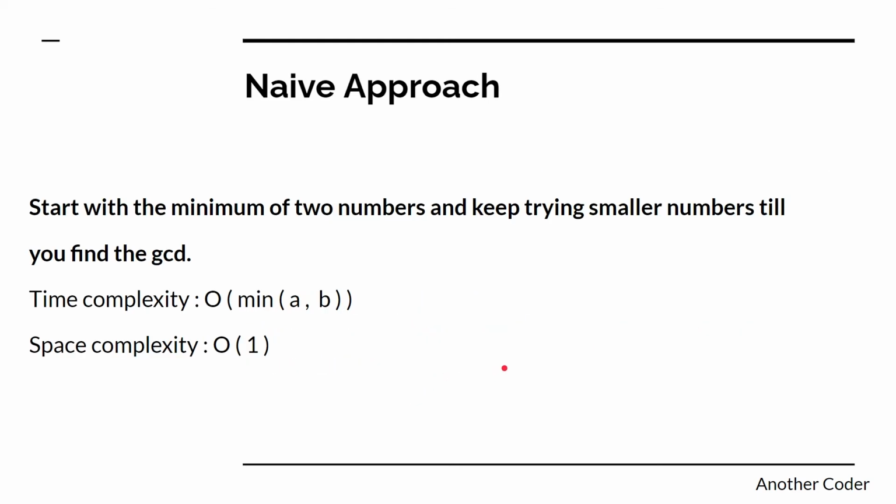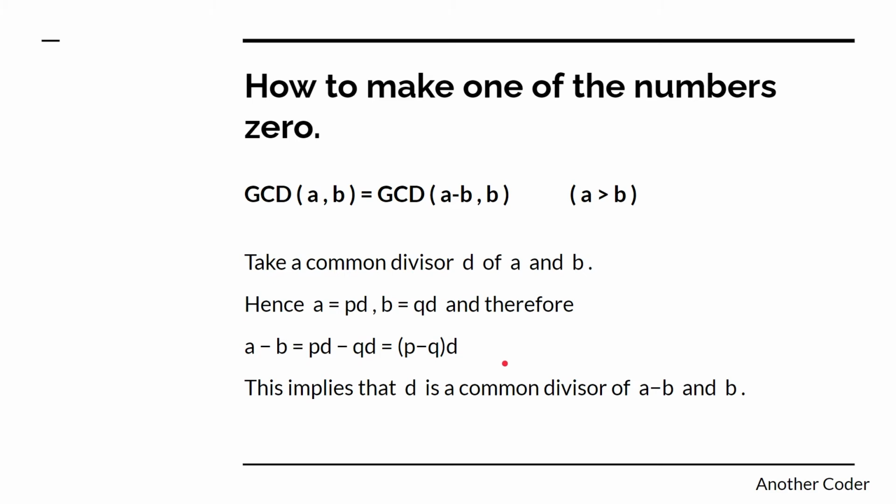So the idea is pretty simple, but the question is, how can we make one of those two numbers 0? To make one of those numbers 0, we need to understand one more property, that is GCD of a and b is equal to GCD of a minus b and b, provided that a is greater than b, right? This is because we don't want our first number to be negative, right?